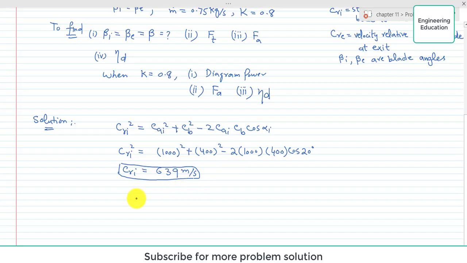Now to find the blade angle, we will use law of sine. This was law of cosine.